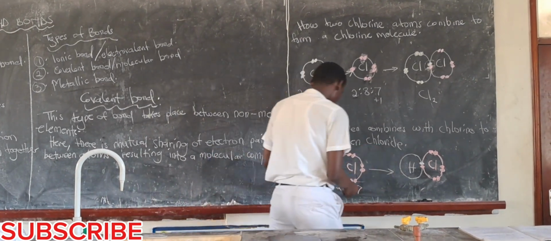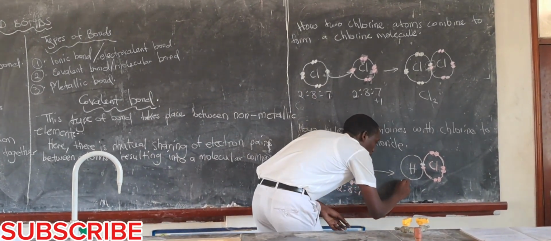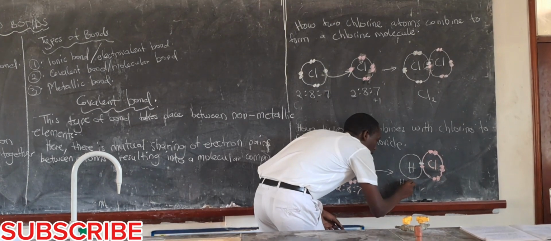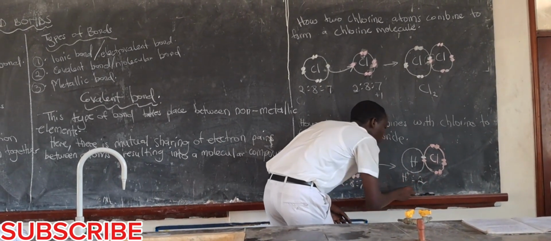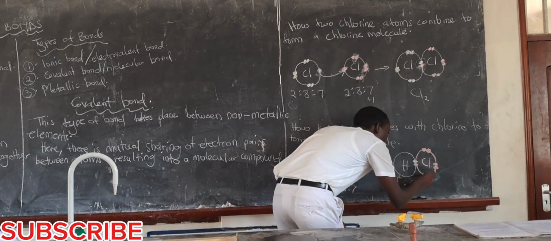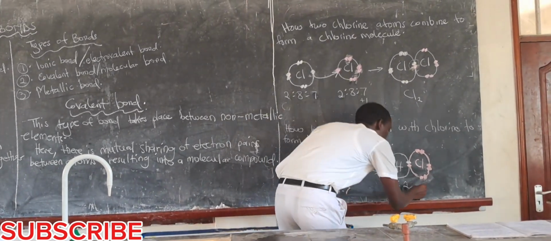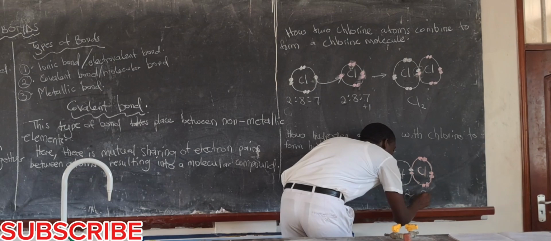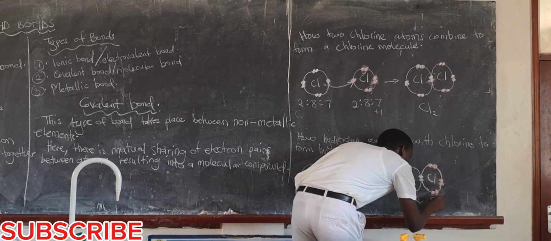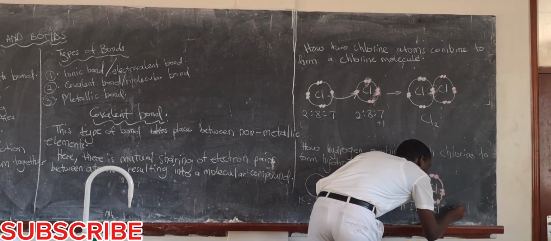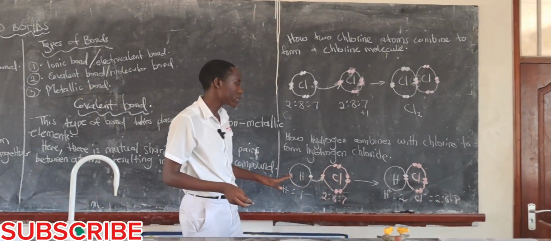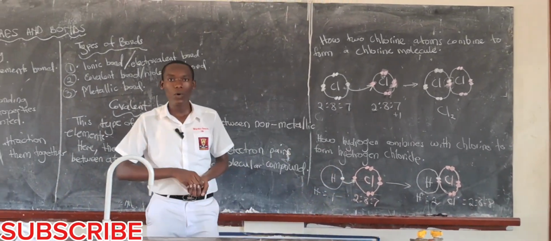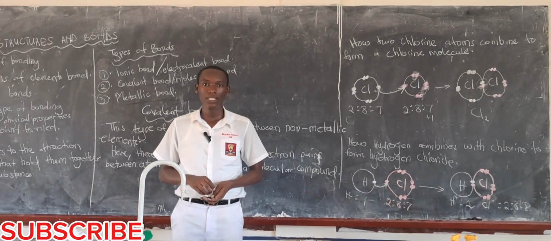But now when they combine, the electronic configuration of hydrogen is now 2, and the electronic configuration of chlorine now becomes 2, 8, 8. Therefore, it is now electronically stable, and that is what we call a covalent bond.